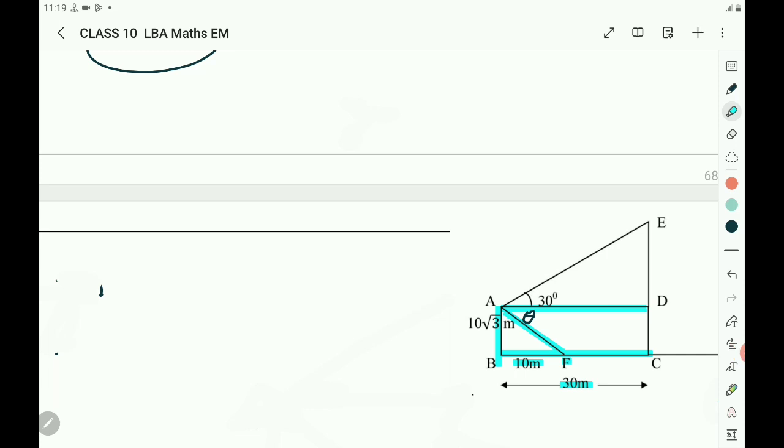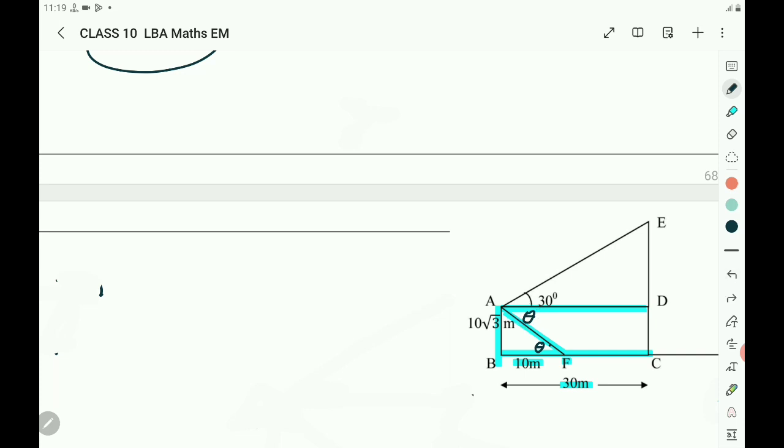This angle is to be found out. Angle AFB and angle DAF, these two are alternate angles. Therefore, angle AFB is also equal to the angle of depression theta. So, this theta is the angle of depression.